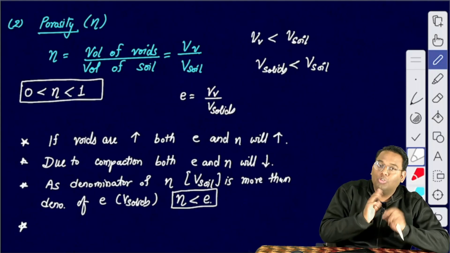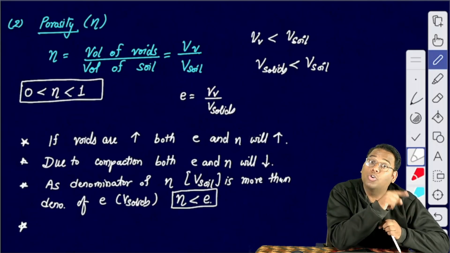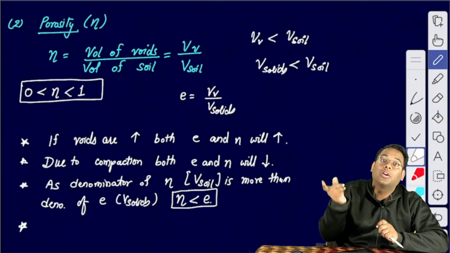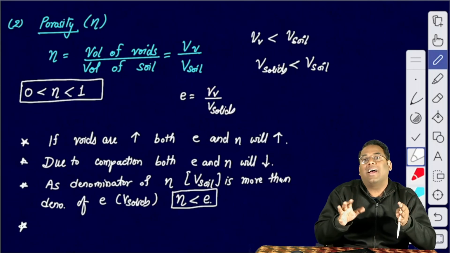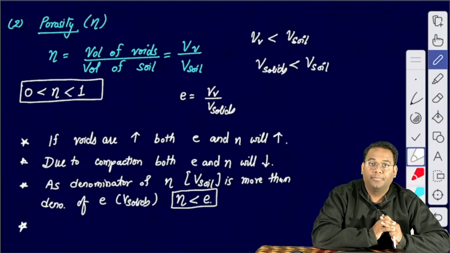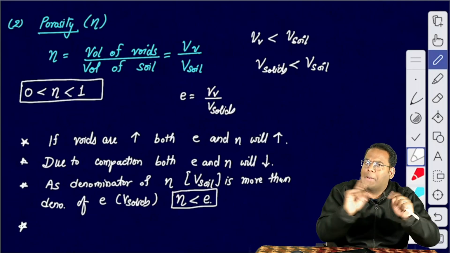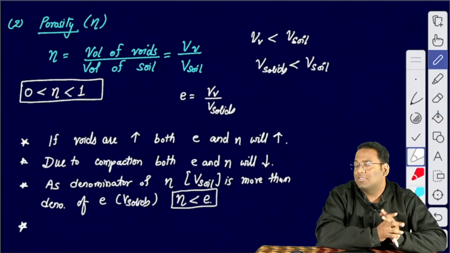Yes or no? So maybe it is possible that the first person got 20 out of 20 and another person got 40 out of 100. So now you can say that yes, the 20 out of 20 person performed better. Yes or no? But if we want to compare both, what is the easiest possible way?